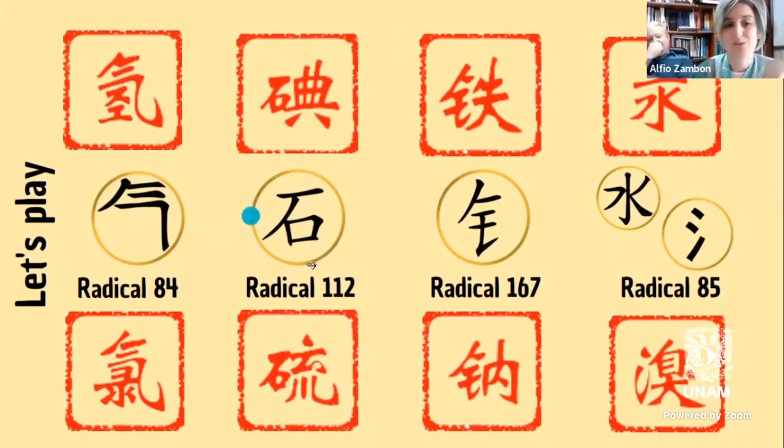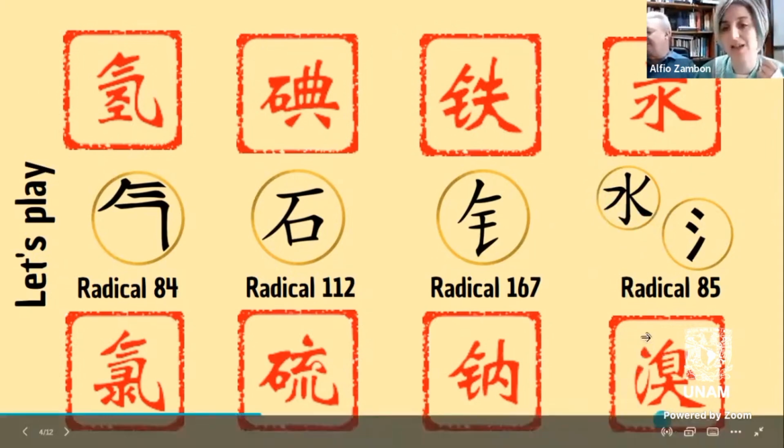In this one, this radical means solid or rock. This one, as you said before, is the symbol for gold or metal. Here we have shui, and I forgot to add the complete one, but here we have 2 ways to represent shui, which means water or liquid in this case, okay?